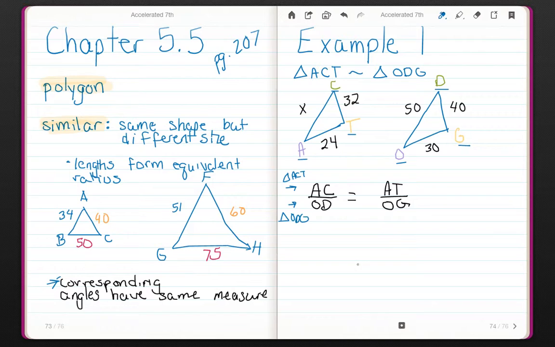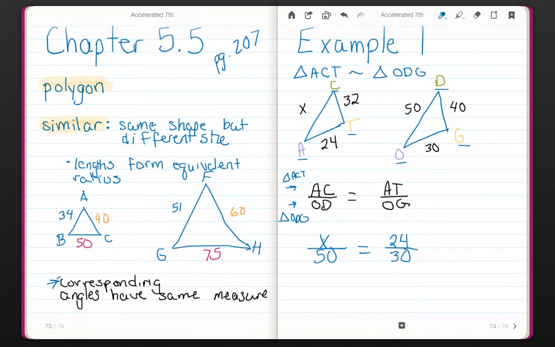So let's use some numbers here. AC has a value of x. OD has a value of 50. This ratio should be equal to AT, which is 24, to OG, which is 30.